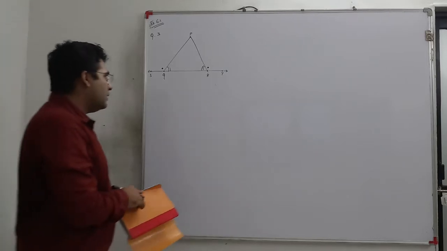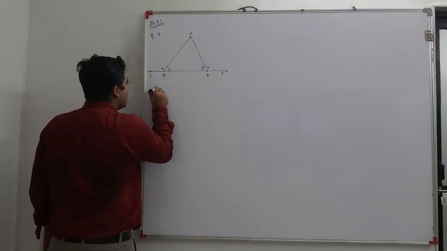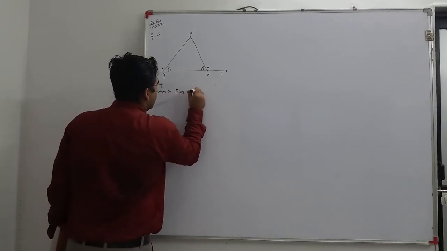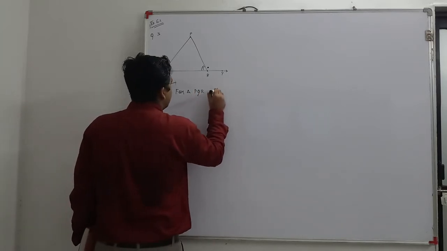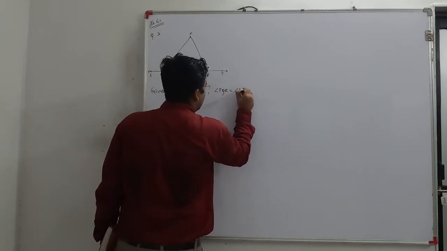First we have to write the given. Given that for triangle PQR, angle PQR is equal to angle PRQ.